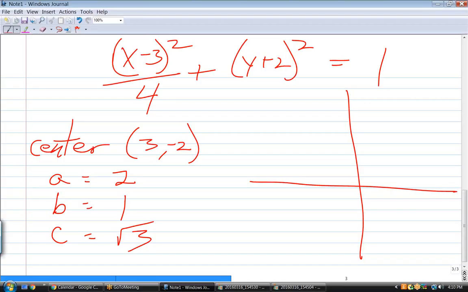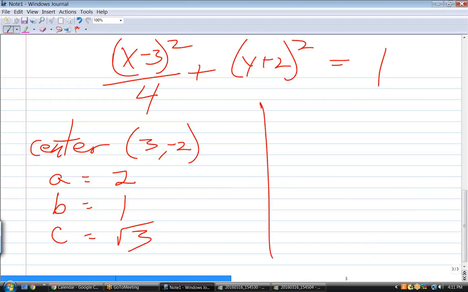Is that a horizontal or a vertical ellipse? That is horizontal. Yeah, let me graph it just a little different here. So the center is right there at 3 comma minus 2.